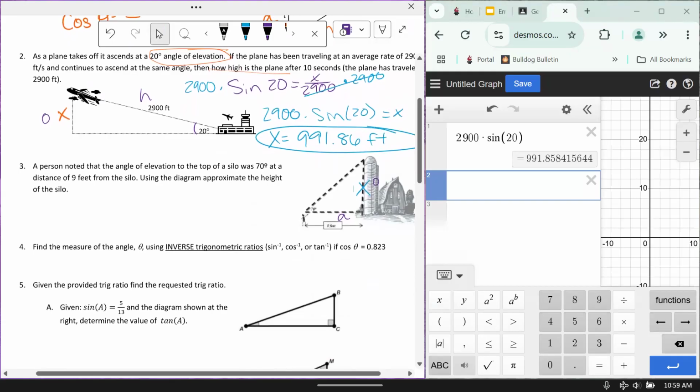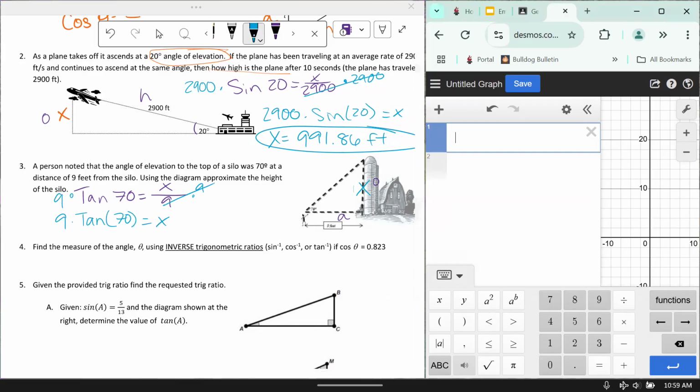So we have tangent of 70 degrees equals opposite over adjacent, x over 9. Multiply out like normal: times 9, cancel out. So we get 9 times tangent of 70 equals x.